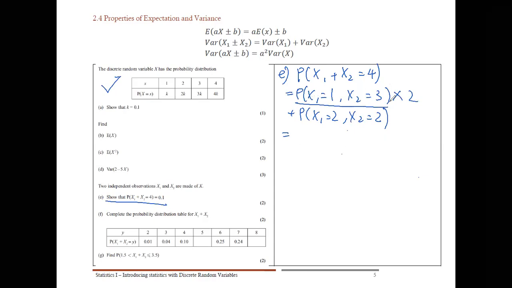Because they are independent. Remember, the last lesson we said if two probabilities are independent, we can simply multiply them together. So P(x = 1) is 0.1 times P(x = 3) is 0.3 times 2, plus P(x = 2) is 0.2 times P(x = 2) is 0.2. So this value here will give you the 0.1 that they are looking for.